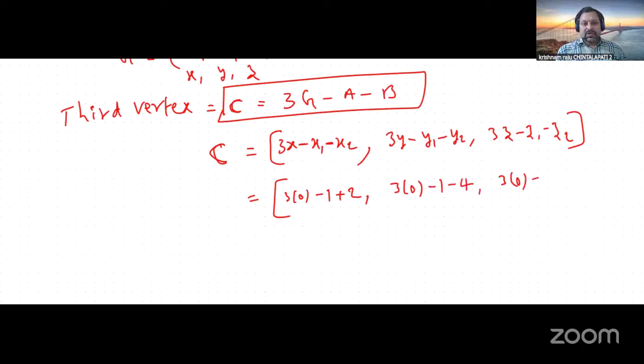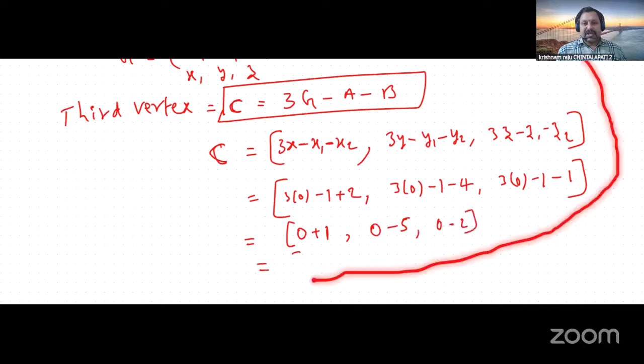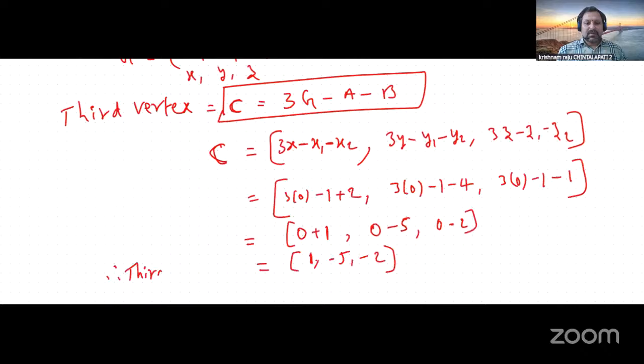So 3 into 0 is 0, minus 1 plus 2 gives plus 1; 0 minus 1 minus 4 gives minus 5; 0 minus 2 gives minus 2. So the third vertex C is (1, -5, -2).